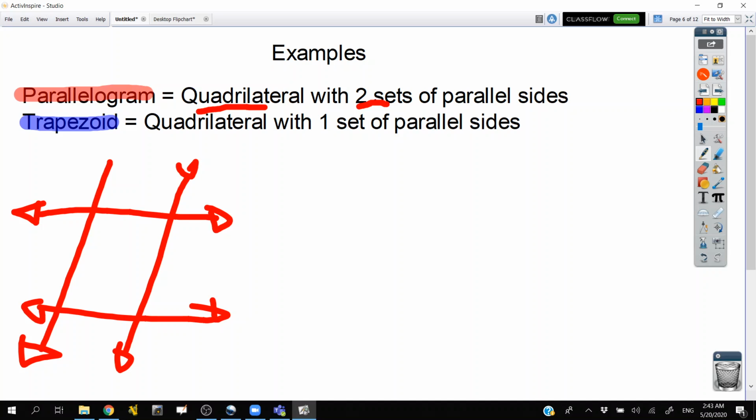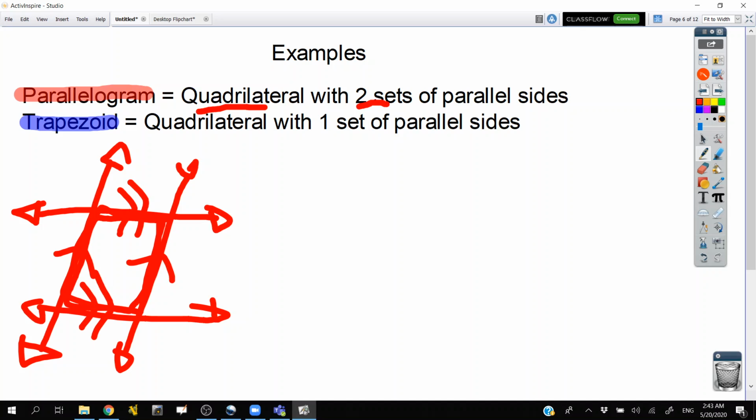So a parallelogram in the end looks like this type of thing in the middle there. There is the parallelogram. And you can see how they just look like they have parallel sides. So a trapezoid, on the other hand, only has 1 set of parallel sides. So I'll start with 1 set of parallel sides.